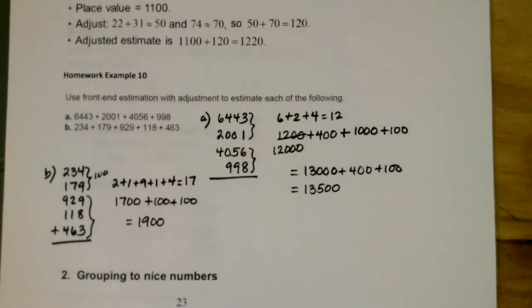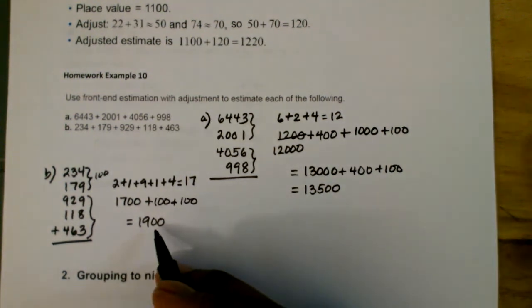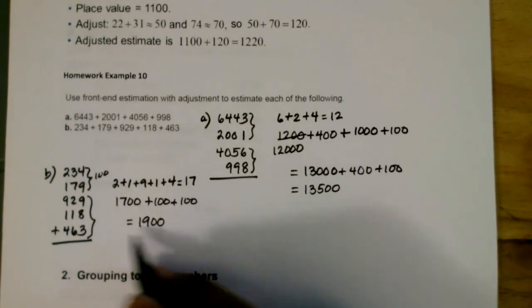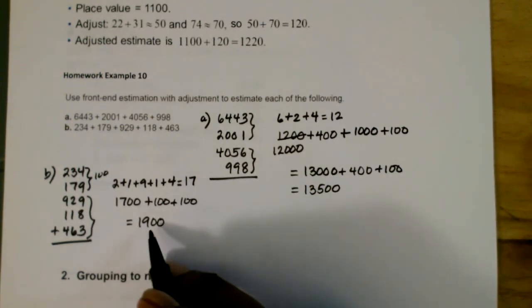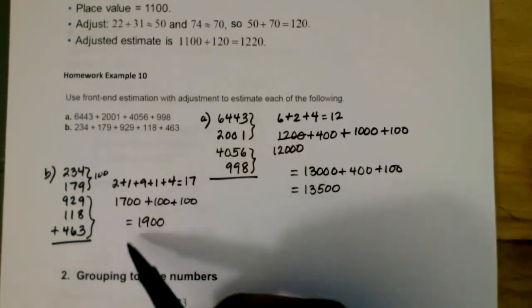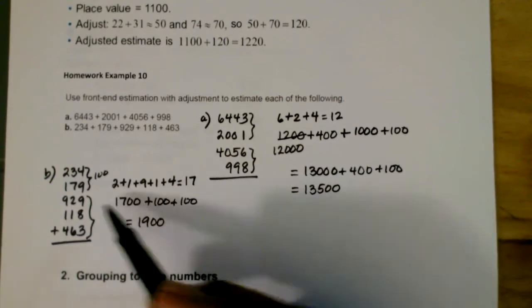And that would be approximately 1,900. Now, I'm not sure how precise they want this front end estimate. But 1,900 would be a good estimate for this.